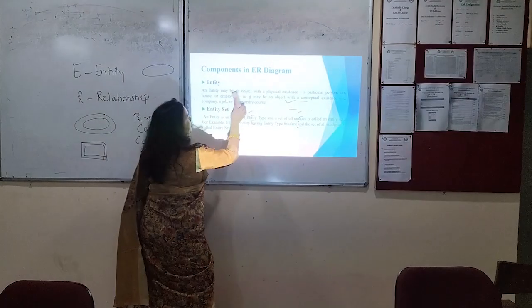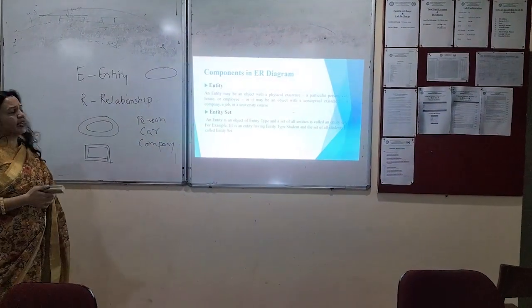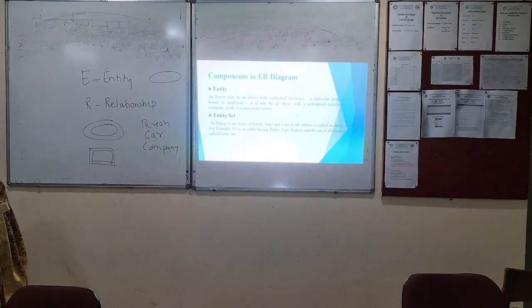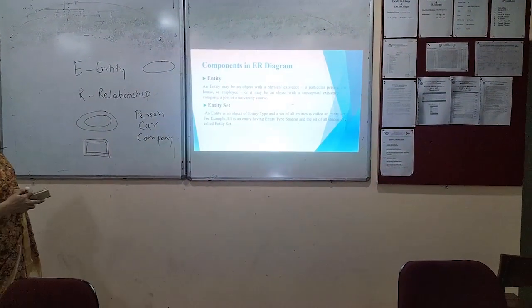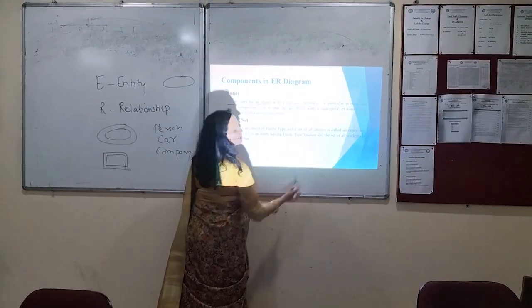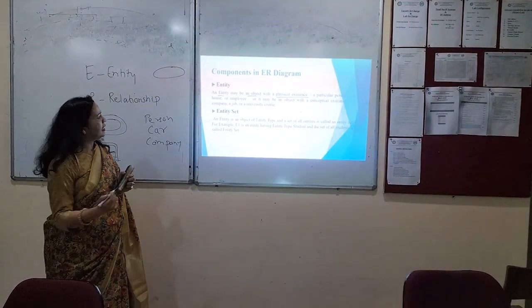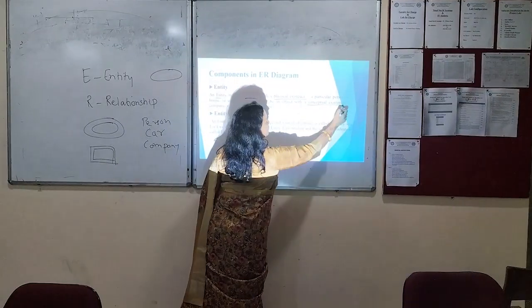Moving towards the next components in the ER diagram. The first one is the entity. An entity may be an object with a physical existence, as well as a conceptual existence.